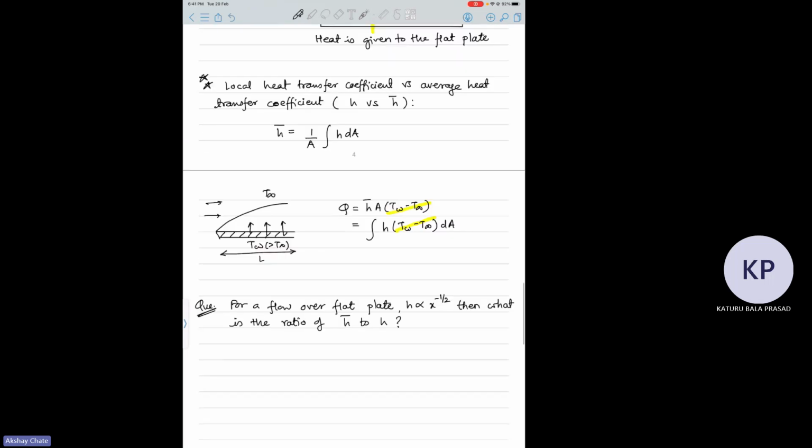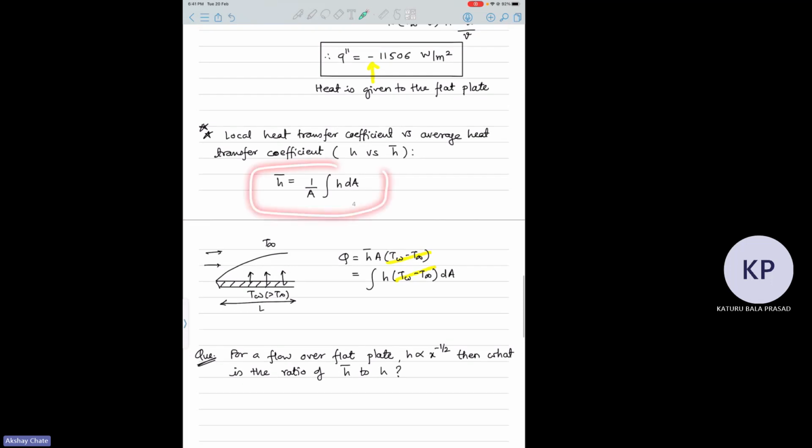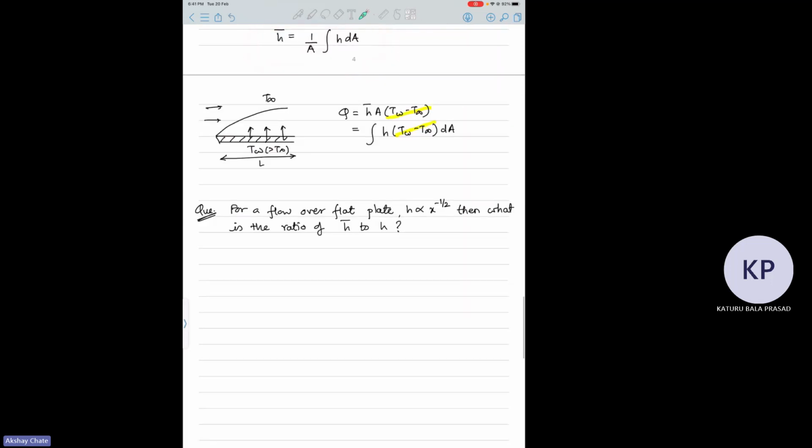So now you use this formula, because we know this is how the average heat transfer coefficient is defined. The average heat transfer coefficient is 1 by area into local heat transfer coefficient into surface area.